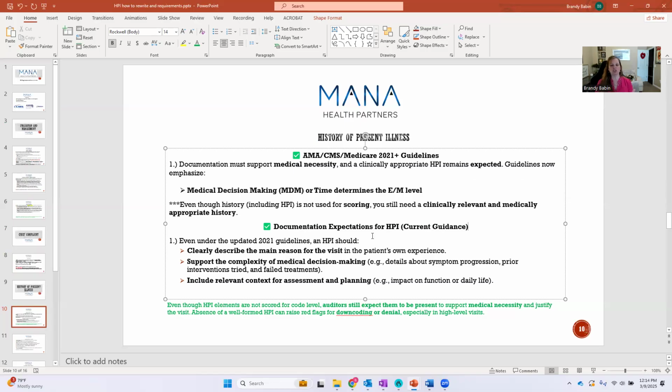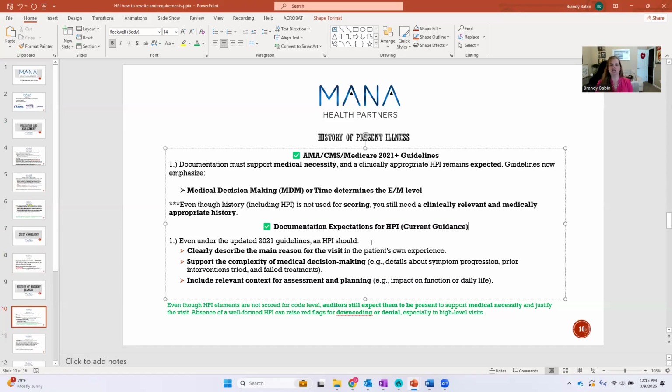So documentation expectations, even under the updated 2021 guidelines: an HPI should clearly describe the main reason for the visit, support the complexity or medical decision making that we're utilizing, and include relevant context for assessments and planning.